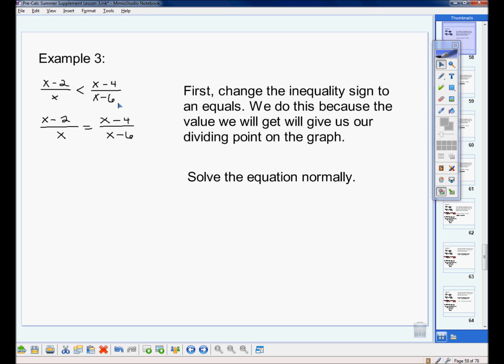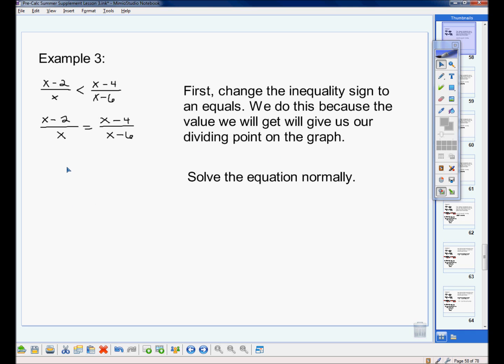Sometimes when you have rational expressions, as you know, sometimes you're going to get one answer, sometimes you're going to get two answers. You may turn out with a quadratic to deal with, and that's all fine. This particular one will give us one dividing point, but it's not at all unusual to have two dividing points on the graph.